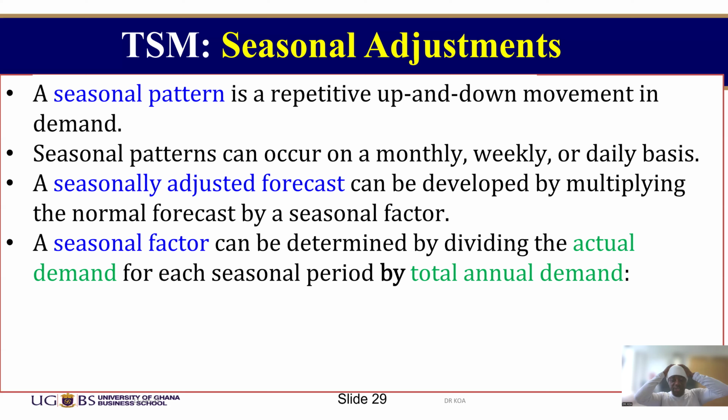So how many seasons do we have? How many quarters do we have? We have 4, right? So let's take each one as a season. You take each season and divide it by the total annual demand. How many months are in the year?